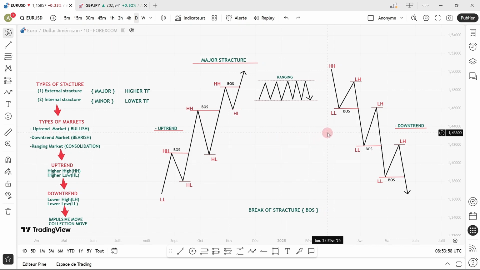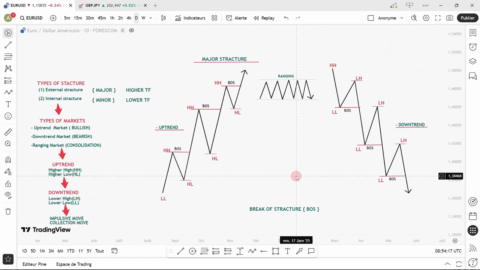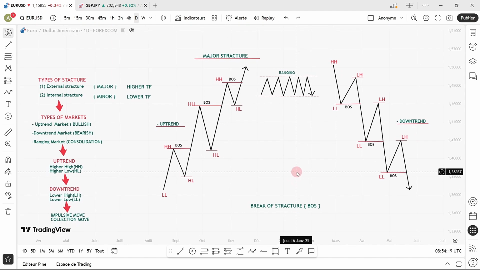Same with the downtrend. It consists of a series of lower highs and lower lows, lower highs, lower lows. So basically that's it. As I was saying, us as traders, we just have to know the overall direction of the market, so that we know how to position ourselves.